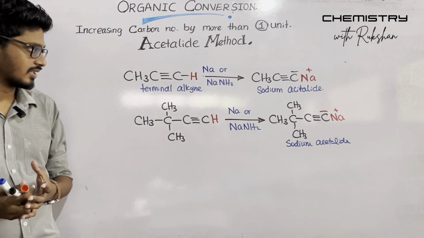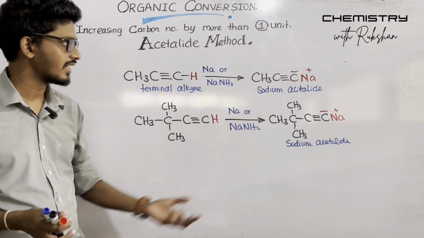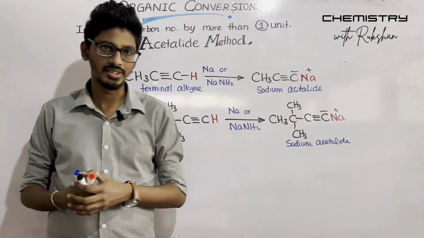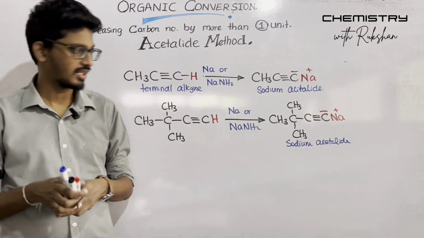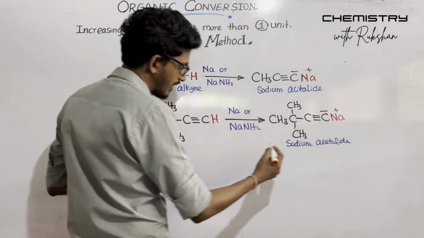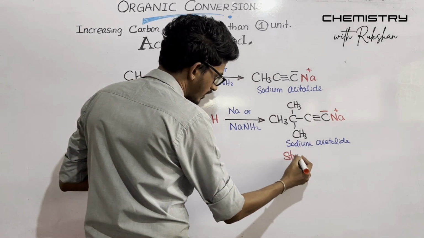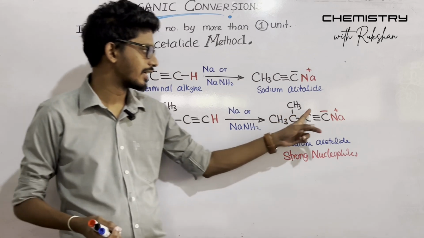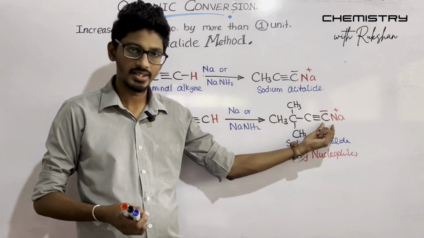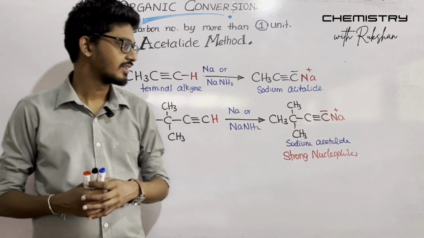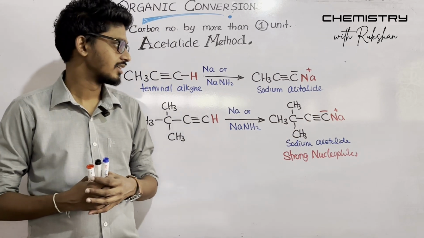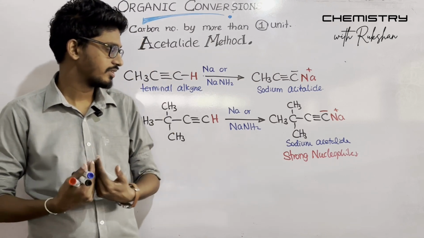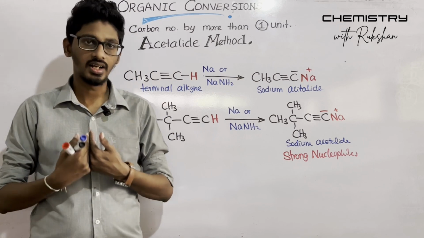The special thing with sodium acetylides is that this acetylide part, this carbon chain, can be used as a good nucleophile. These are very good, strong nucleophiles, meaning these negative carbons can be used to attack the positive centers of carbon chains, like aldehydes and ketones, or even alkyl halides.